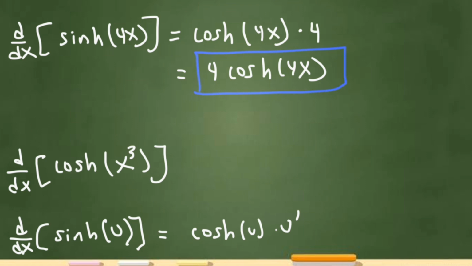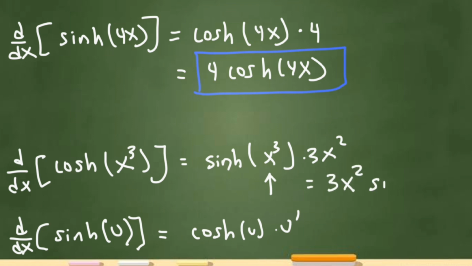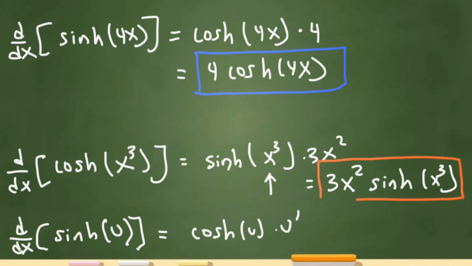So that's how we can find the value of that derivative. For the next one, the derivative of hyperbolic cosine, we know it's hyperbolic sine. We'll keep the inside the same and we'll take the derivative of the inside. The derivative of x cubed is 3x squared. We write the answer as 3x squared hyperbolic sine of x cubed. Let's try some more examples.